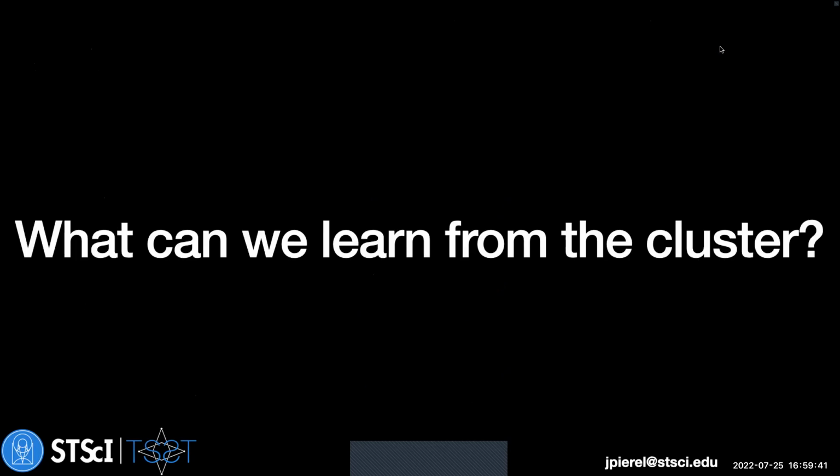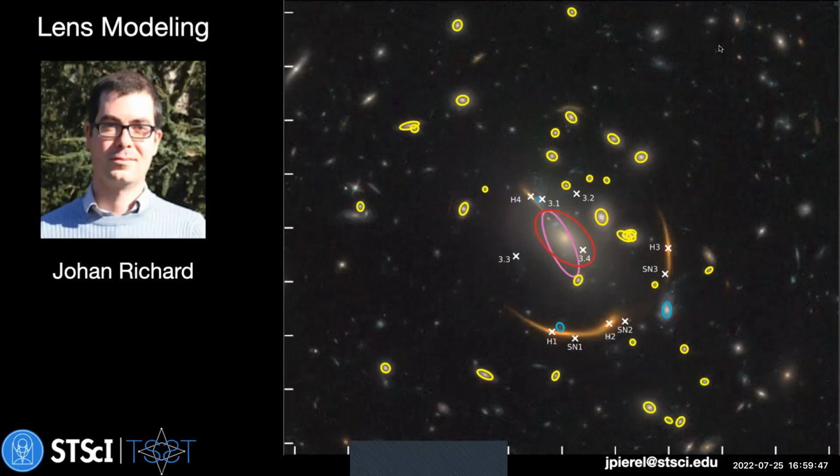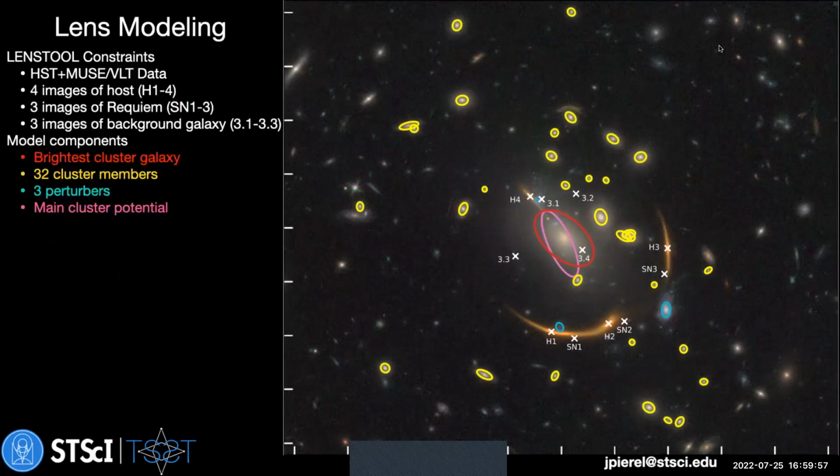So a little bit about what we learned from the cluster itself. Well, this was a Johan Richard effort to do the initial lens modeling for this. There is more to be done. I don't think anyone's currently doing it, but there are more projects there if anyone's interested. This was Lenstool constraints from a combination of the HST and MUSE data.